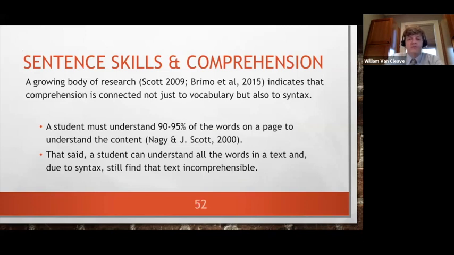So here's what I'm telling you, guys. I could write a piece of text where I simplify the vocabulary to the point where your students know every single word in the passage, guaranteed. We could check it. But I could word the sentences in a way that they would be completely lost by what's being conveyed anyway, even though they know all the words.